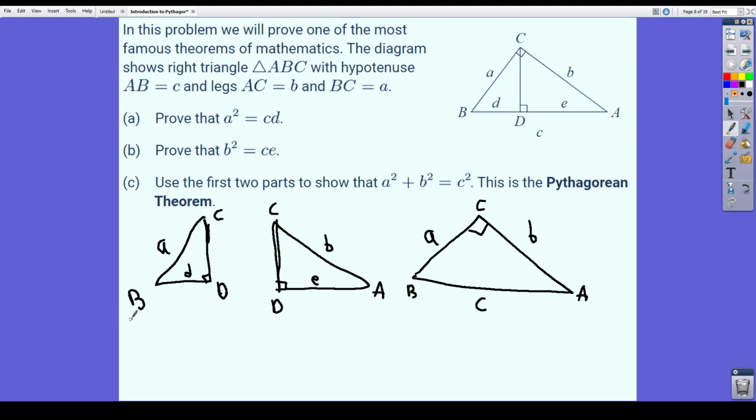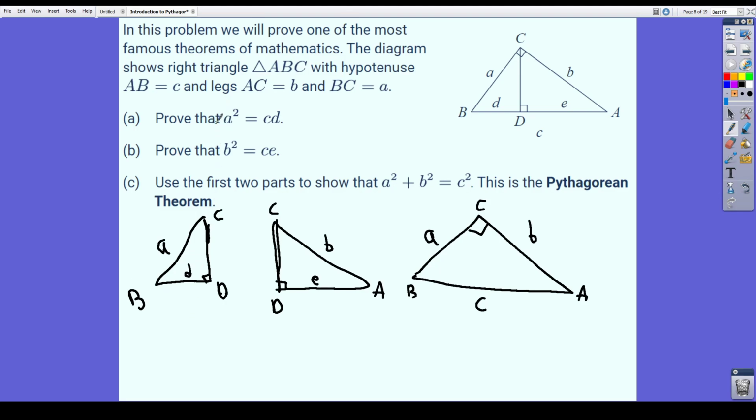Now, let's prove part A, a squared is equal to cd. Well, how can I start that? Based on a previous problem, I know that all these triangles must be similar. Therefore, I can create some ratios based on the side lengths.